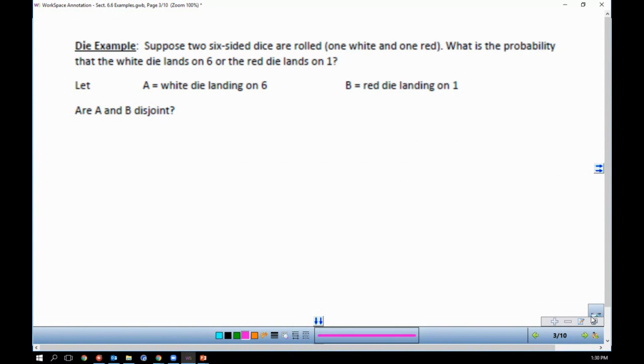Are A and B disjoint? So they can't happen at the same time? These are not disjoint because they can happen at the same time. They're 2 different dice, so they can happen at the same time.